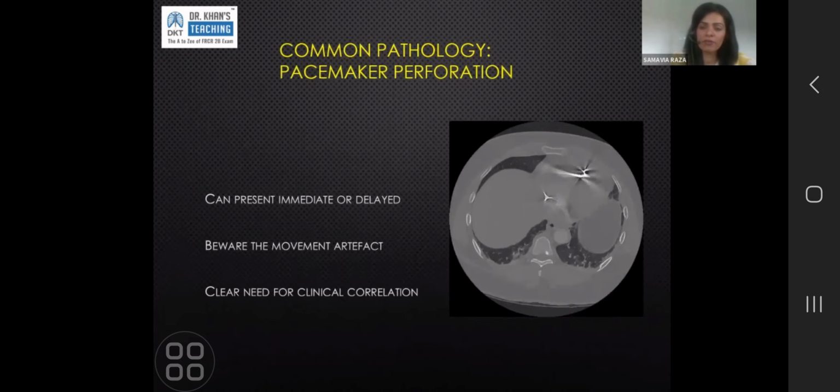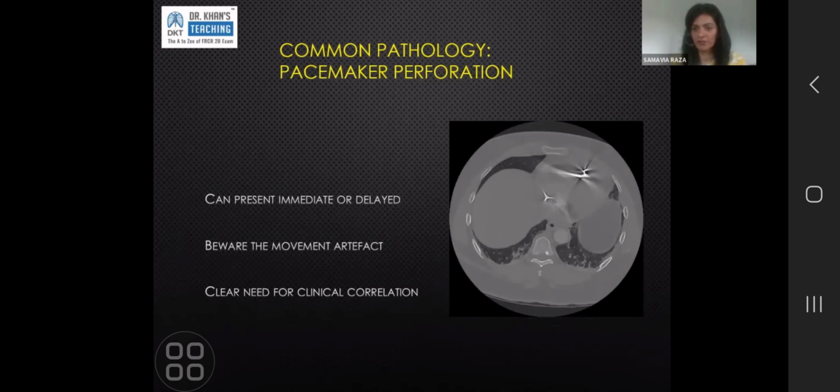One of the most common asks you may get on your on-call is a cardiologist asking for a scan to see if there is pacemaker perforation. When a cardiologist has perforated the heart with a pacemaker, they know. If it happens acutely, they know because they know their own limitations.